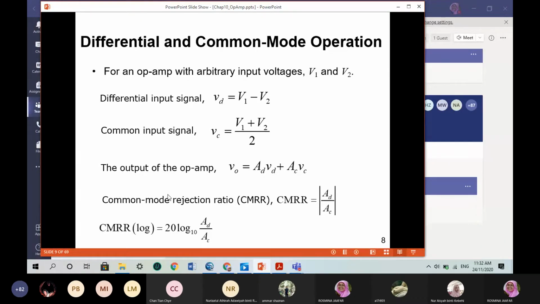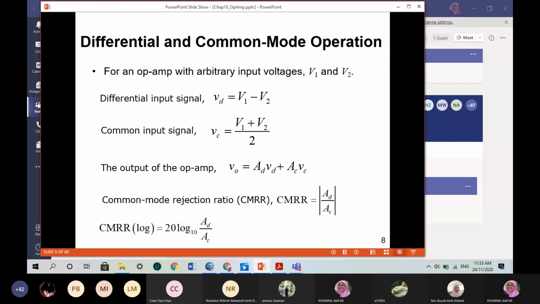Okay, and you will also have the common mode rejection ratio for an op-amp, where the common mode rejection ratio is actually the magnitude of the ratio of differential gain to common mode gain. So you will have AD divided by AC.